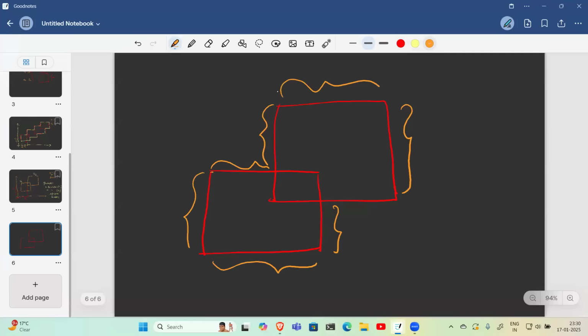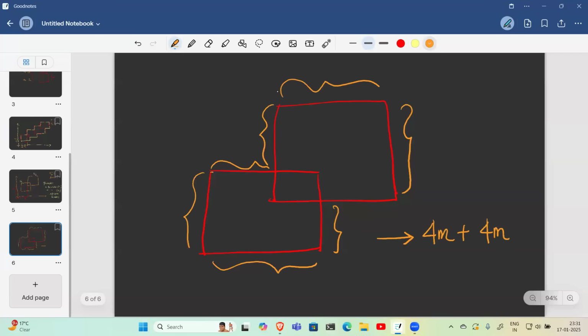So what I'm suggesting is, why don't you add up both the perimeters? If you add up both the perimeters, you count this entire boundary length once, and then you count this entire boundary length again once. The perimeter of S1 is 4m and the perimeter of S2 is 4m.